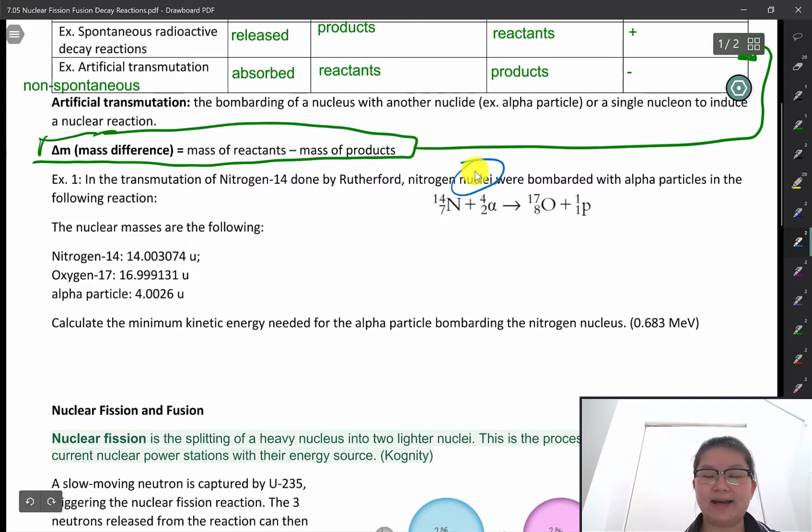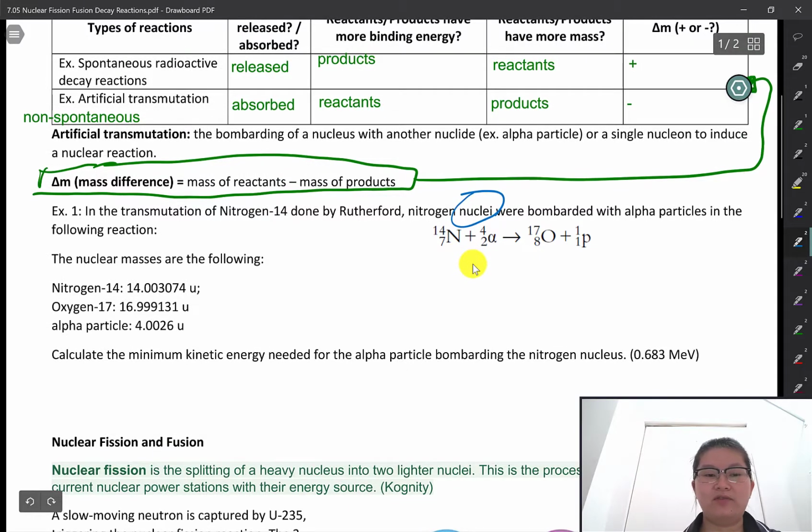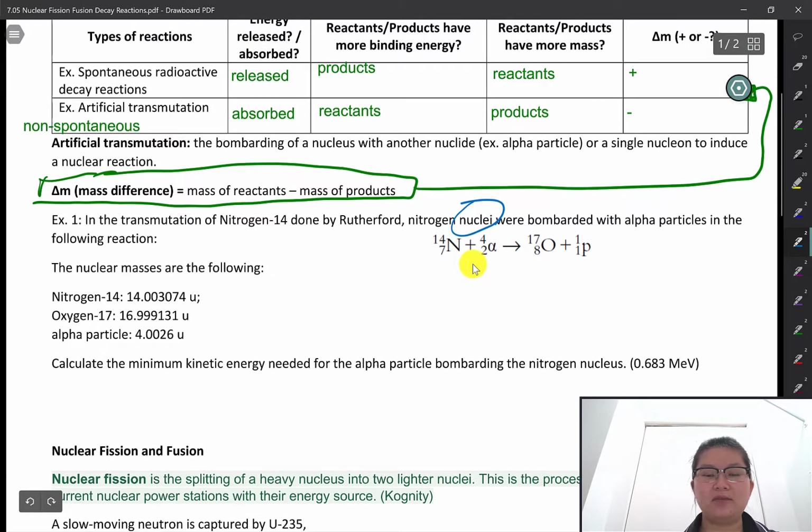What needs to happen is we need to compare the mass difference of all of these particles, which relates to the binding energy.